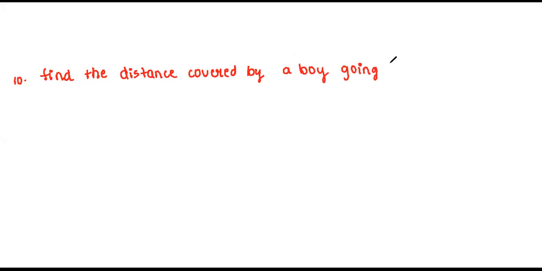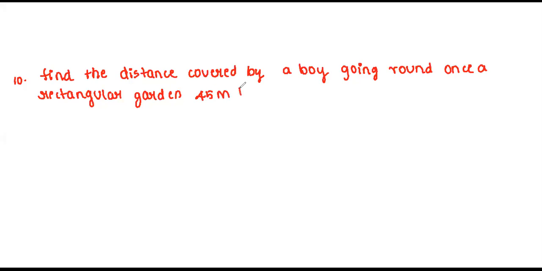Find the distance covered by a boy going round once a rectangular garden 45-meter long and 35-meter wide.